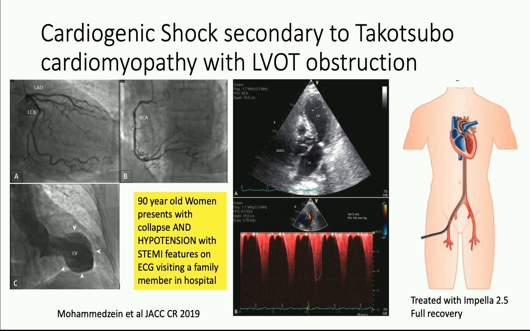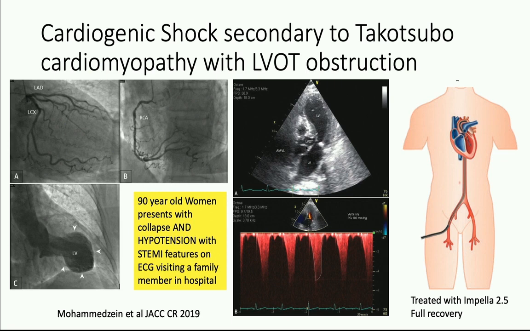The interesting factor here is that low blood pressure is associated with left ventricular outflow tract obstruction. And you can see the dagger-shaped continuous wave Doppler. So this patient has cardiogenic shock related to Takotsubo in the form of left ventricular outflow tract obstruction.